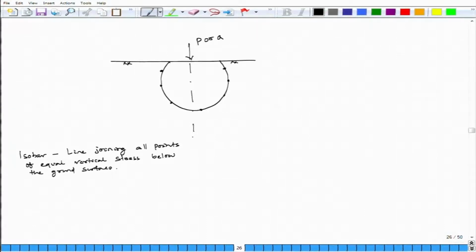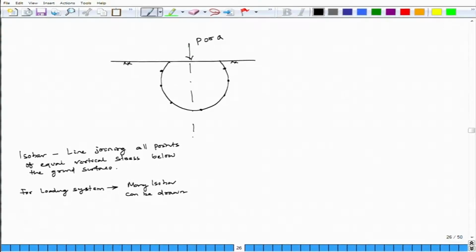For a particular loading system, many isobars can be drawn. So, an isobar is called a pressure bulb. It is like a kind of onion shaped pressure bulb.